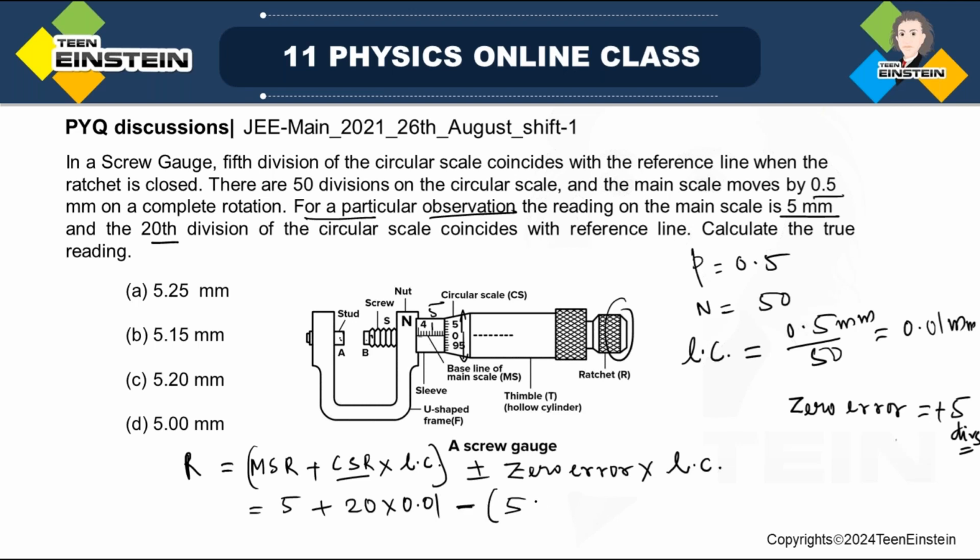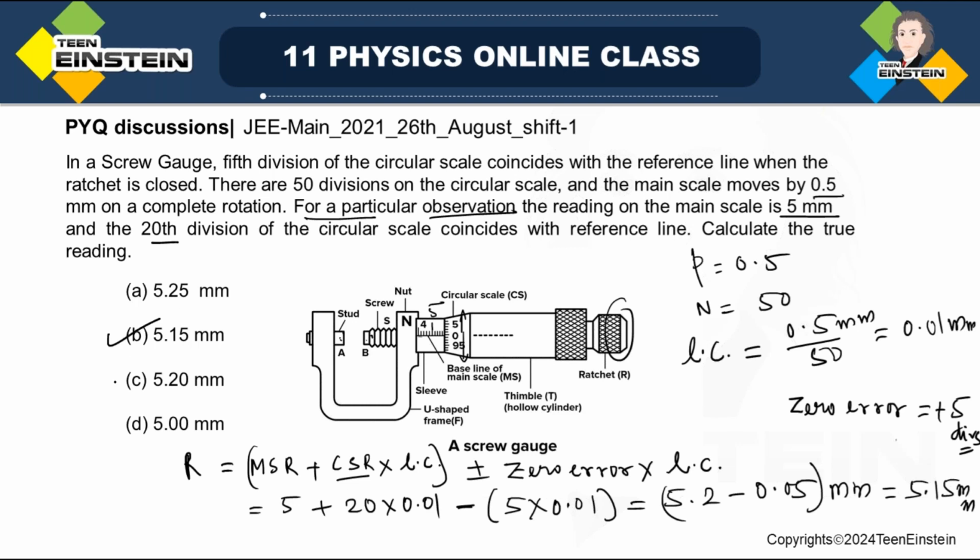So this is 5 into least count, that is 0.01. So this is 5.2 minus 0.05. So this will be in millimeter. So this will give you 5.15 millimeter.